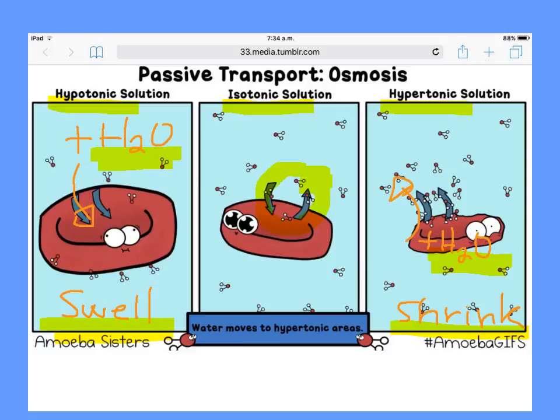So the cell has a normal shape. Normal shape. Okay, I don't know what I just wrote over there, but remember the word was normal. Normal shape, okay?